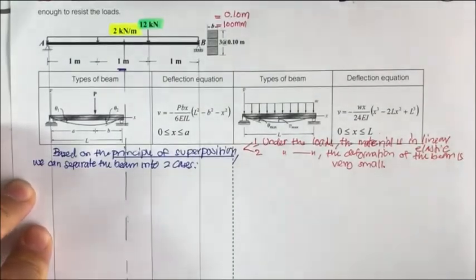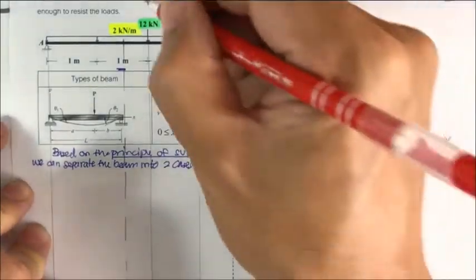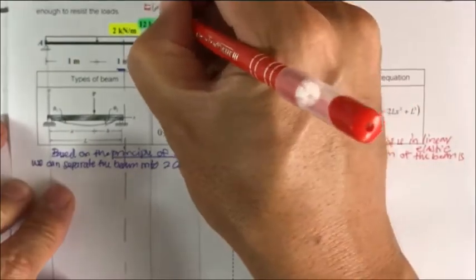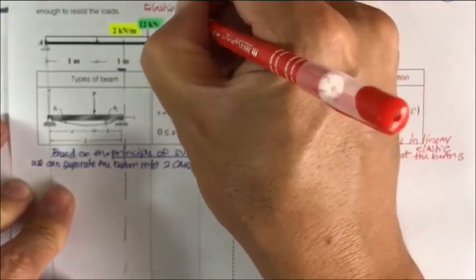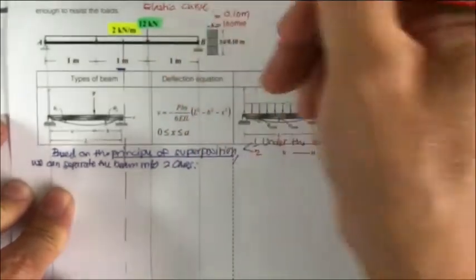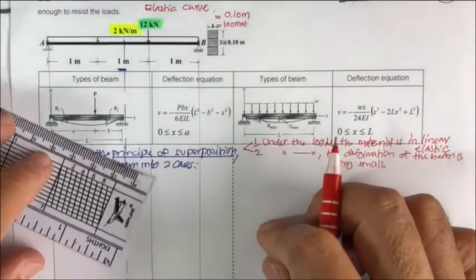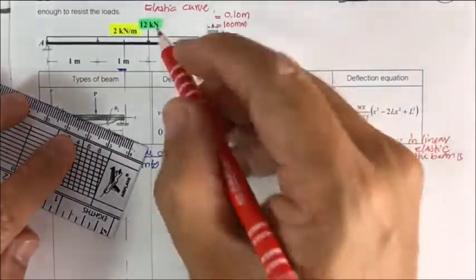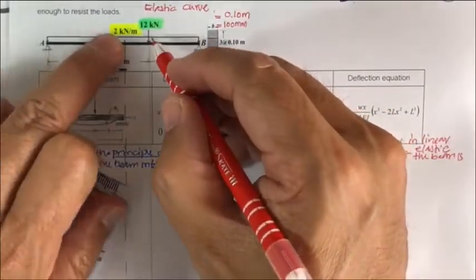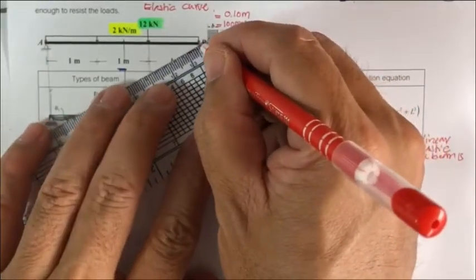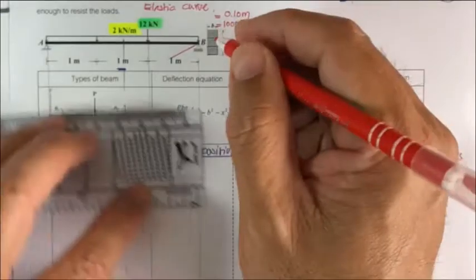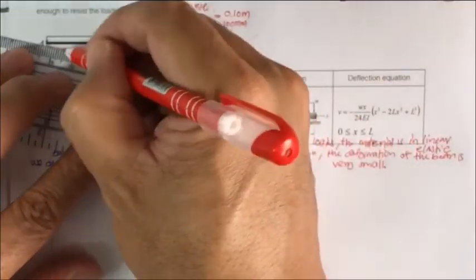Under the loading, we have the elastic curve. We should draw the elastic curve of the beam to show how you understand the problem. Since most of the force is near B, the slope here is supposed to be larger than this portion.